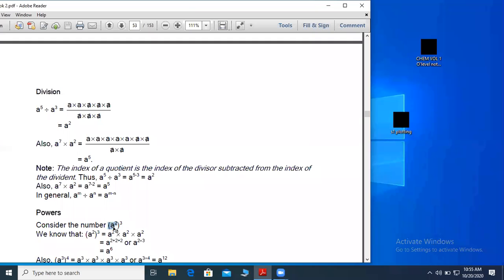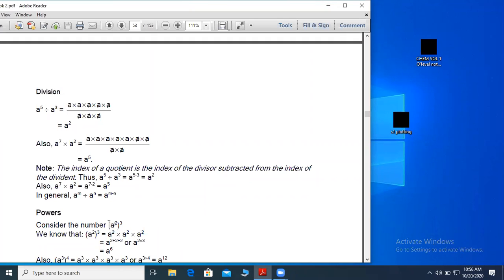If it was a power 3, then the 2 outside the bracket, then a power 3 would have multiplied itself 2 times. But now it is a power 2, then it is cubed. So it will multiply itself 3 times. Yeah. So since the base is the same, we shall add the powers and it will be 2 plus 2 plus 2, which is 6. Okay?